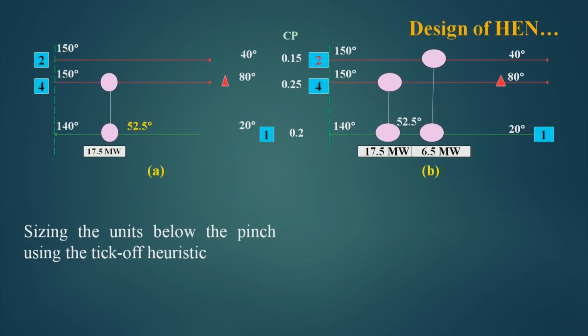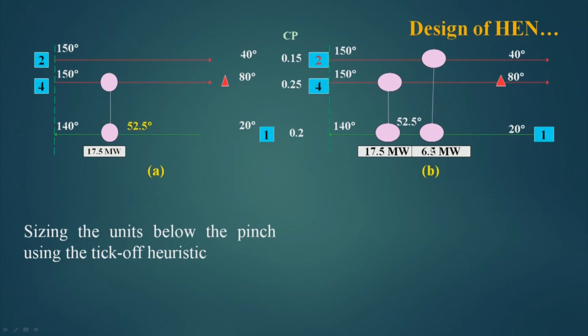If you add 17.5 plus 6.5, it comes out to be 24, because this cold stream is able to take 24 megawatts and this hot stream has already given 17.5 megawatts to this.